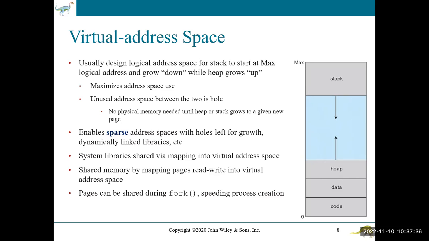And here it says pages can be shared during fork, speeding process creation. So if you remember, fork is a way to spawn processes. So you can share pages in virtual memory when fork is active, and that helps with process management as well.